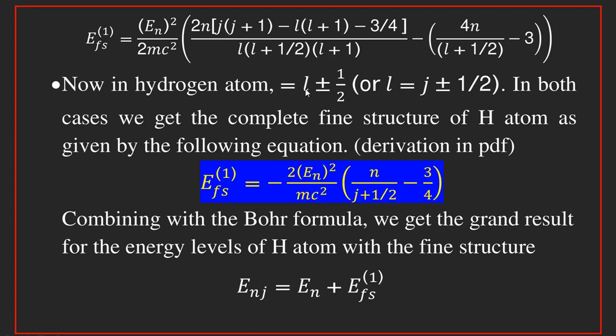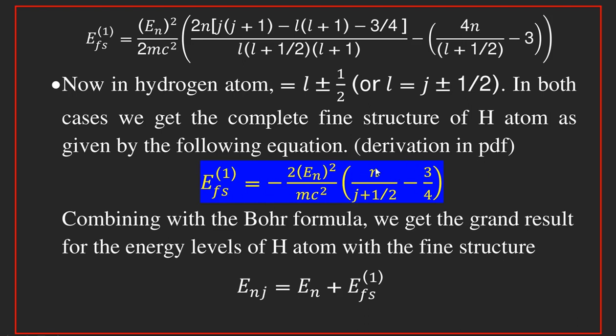You can take this L here, so plus or minus half goes here. Here there is a J, total angular momentum J, so L is equal to J plus or minus half. In both cases, we get the complete fine structure of hydrogen atom as given by the following expression. The derivation is given in another PDF. You refer to that PDF for the derivation of this equation.